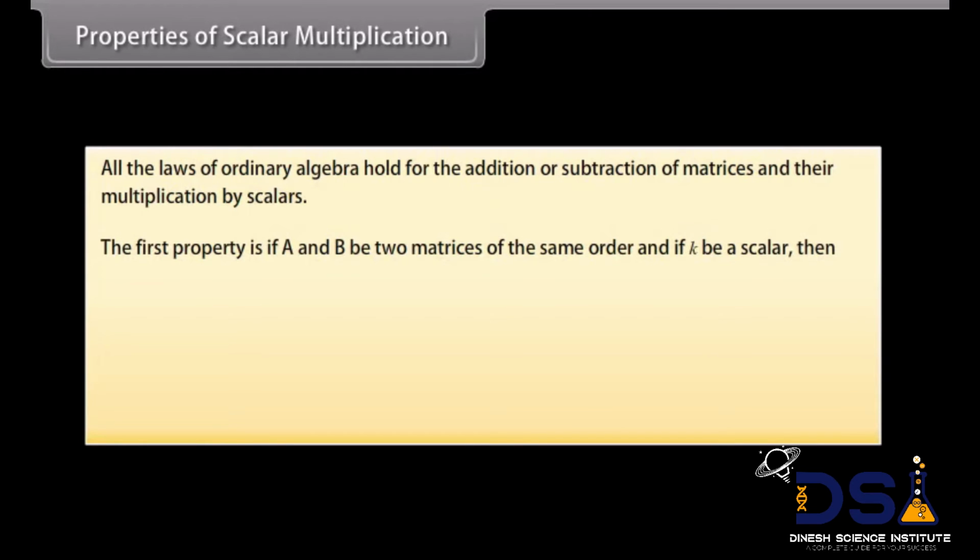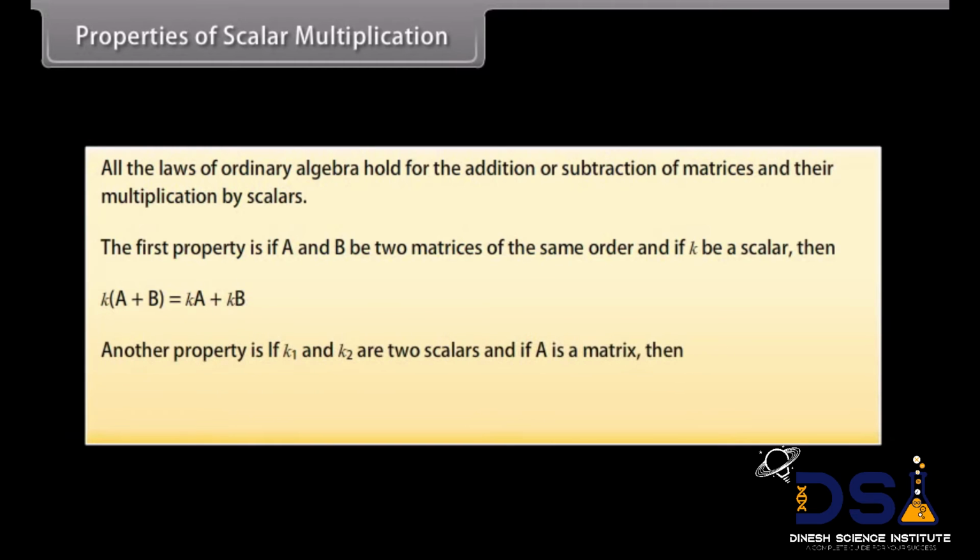The first property is, if A and B are two matrices of the same order and if K is a scalar, then K into A plus B is equal to K into A plus K into B. Another property is, if K1 and K2 are two scalars and if A is a matrix, then K1 plus K2 into A is equal to K1 into A plus K2 into A, and K1 into K2A is equal to K2 into K1A.